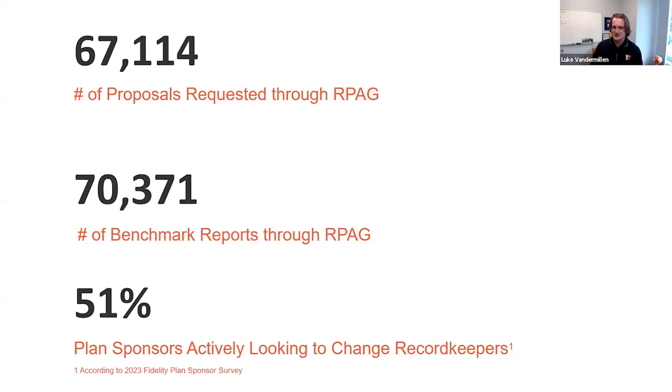And then the last piece of information I want to touch on before we move on is that every year, Fidelity does a great survey of plan sponsors across the nation, and these are plan sponsors that are decision makers on their plans, plan administrators, etc. Last year, when I was reading their 2023 version of their plan sponsor survey, the one thing that jumped out to me very clearly was that of the plan sponsors surveyed by Fidelity, 51% said that they were actively looking to change record keepers.